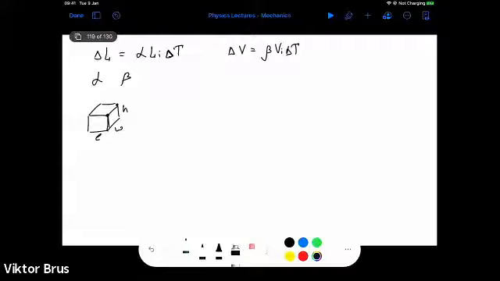In this case, we can consider that each of these sides expands according to the linear thermal expansion coefficient alpha.